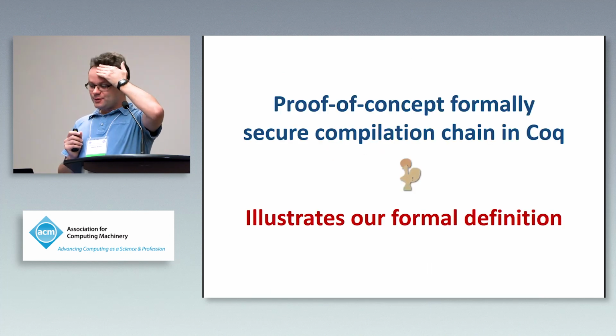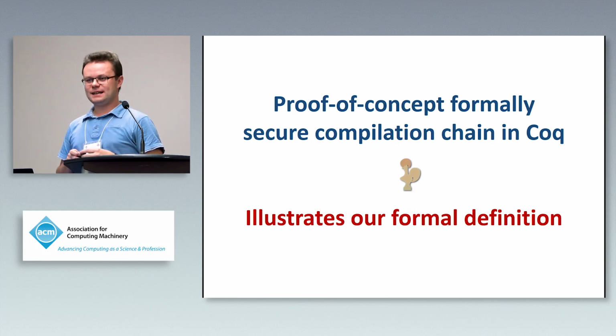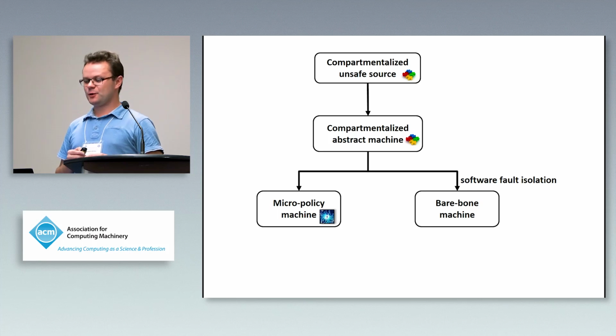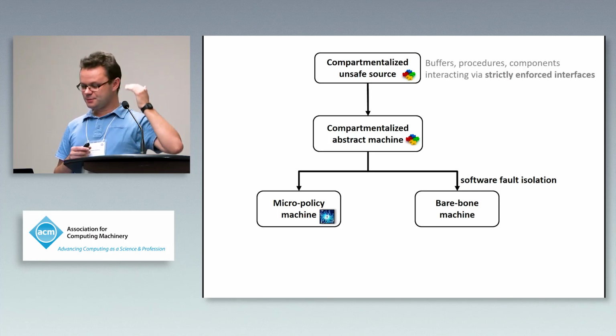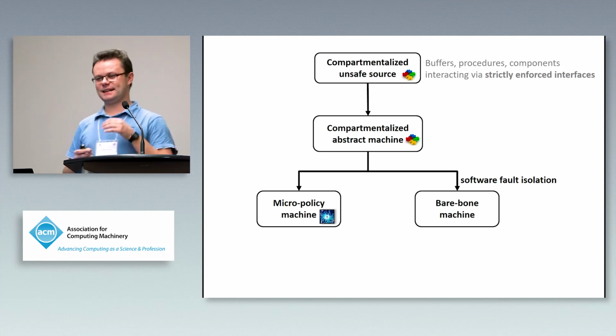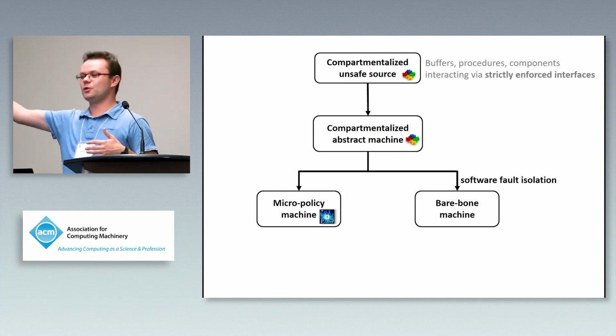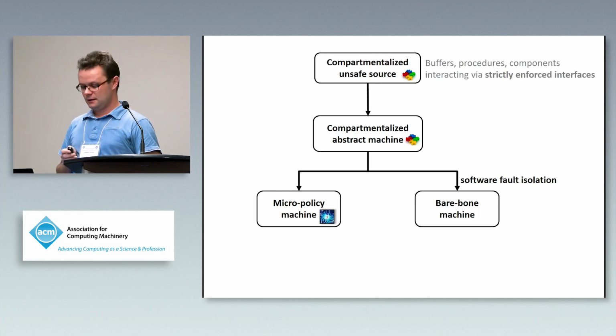We've also built a proof of concept secure compilation chain in Coq, and it has a few parts. It starts from a compartmentalized language with buffers and procedures in which components can interact via strictly enforced interfaces, recording which other procedures from other components they're allowed to call.